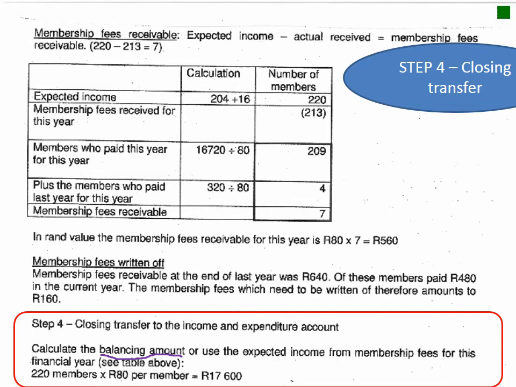So if we look back at what we've already done, we know that for this year we had 220 members who were there at the end of the year, plus members who resigned during the year but who all had to pay membership fees. So we should have had income for this year of 17,600. So that's the amount that should go to income, membership fees on our statement of income and expenditure.